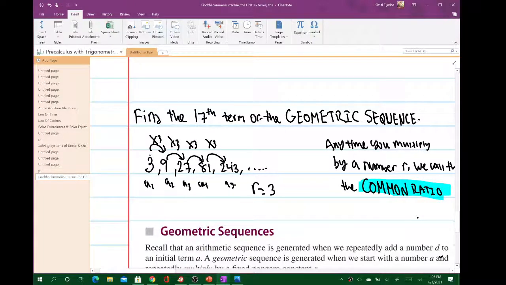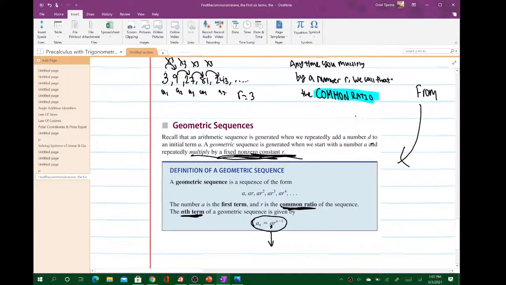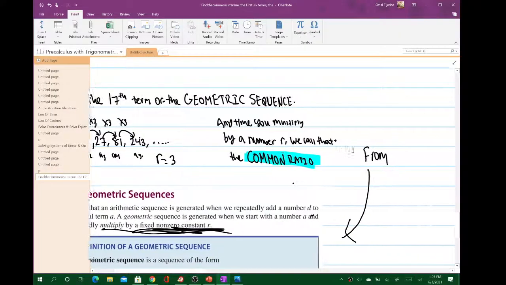And rather than actually multiplying it out all the way to 17, it would be a lot better to use a specific formula for this. And I know this chapter has a lot of formulas, so we have to be very careful.